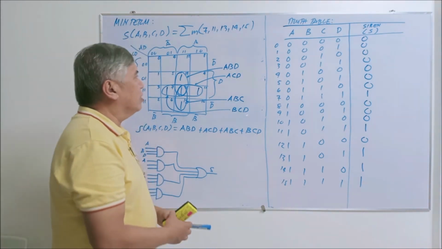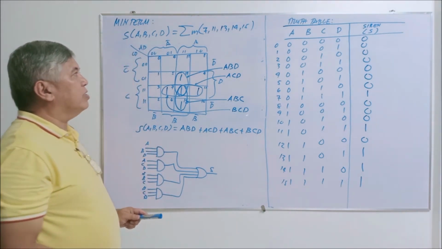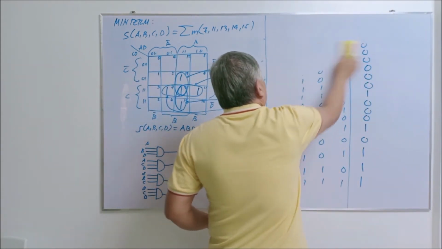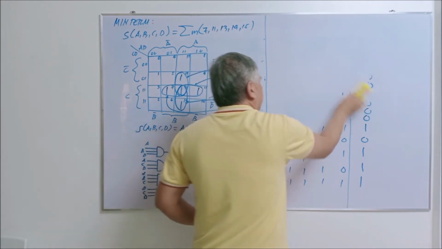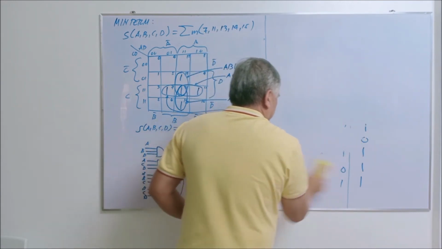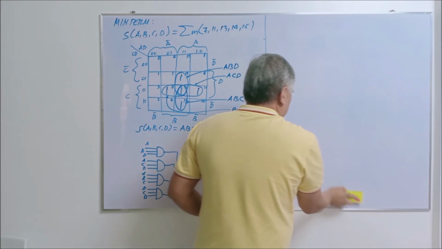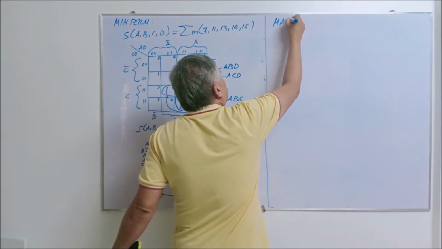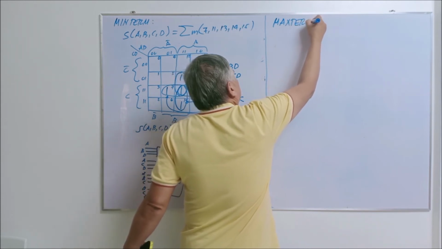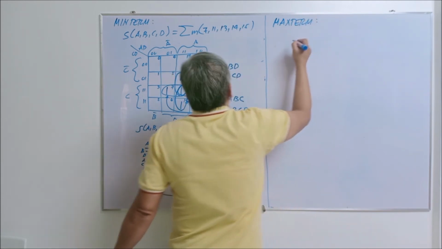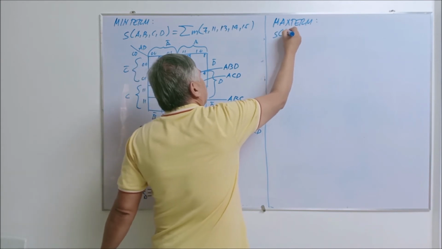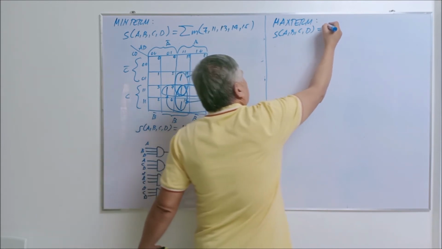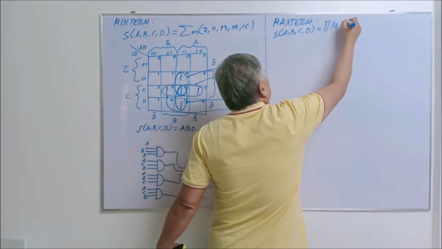So how about if we will obtain the max term equivalent, or we call it the product of sum expression? Okay? So what will be our max term equivalent? Okay? So S as a function of A, B, C, D is equal to pi capital M. Okay?